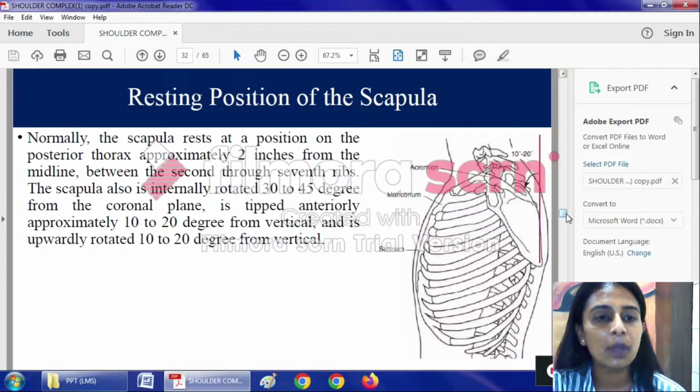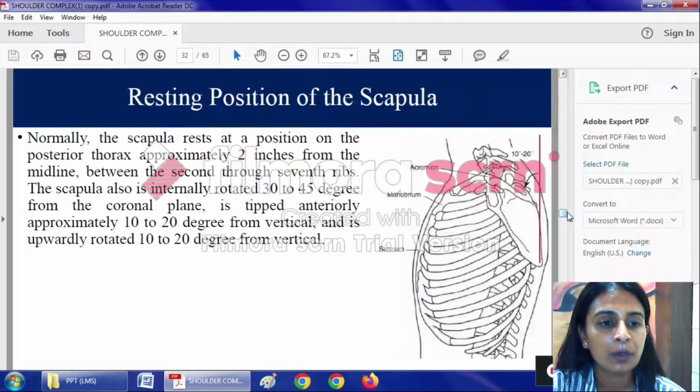Normally, the scapula rests at a position on the posterior thorax approximately 2 inches from the midline, between the 2nd through 7th rib. The scapula also is internally rotated 30 to 45 degrees from the coronal plane.